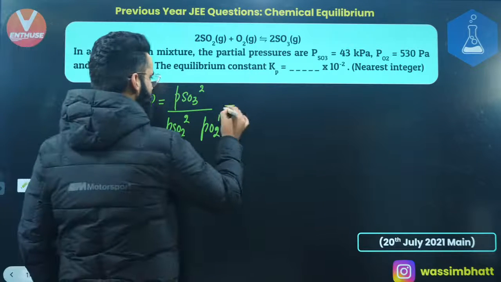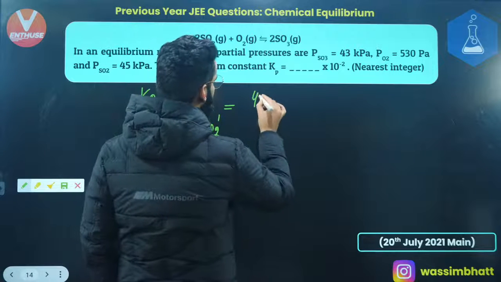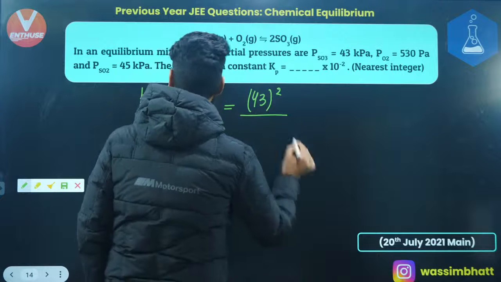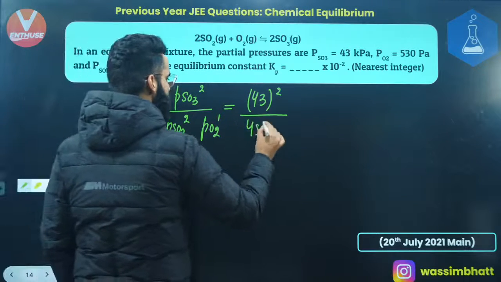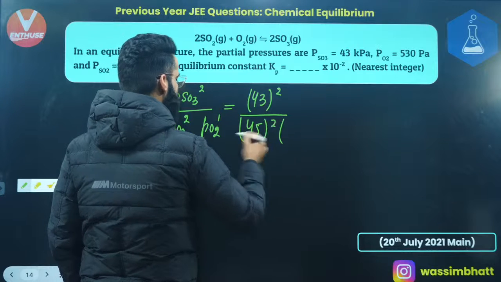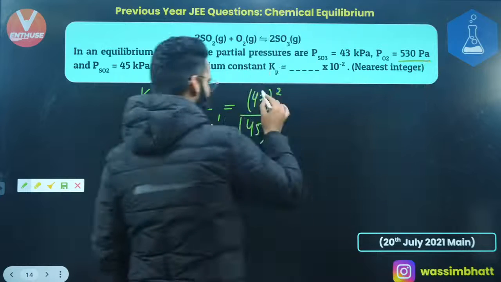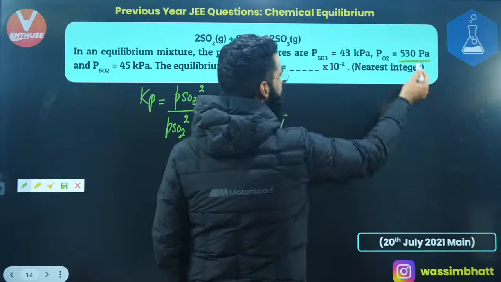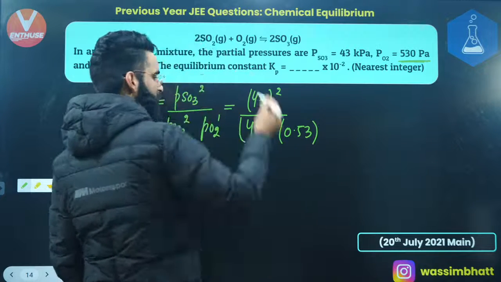Partial pressure of SO3 at equilibrium is given as 43 kilopascals, so square of it, divided by partial pressure of SO2, given as 45 kilopascals, square of it. Partial pressure of O2 is given in pascals, but since I've used all the other values in kilopascals, I'll use it in kilopascals too. So it's going to be 0.53 kilopascals, raised power stoichiometric coefficient 1.